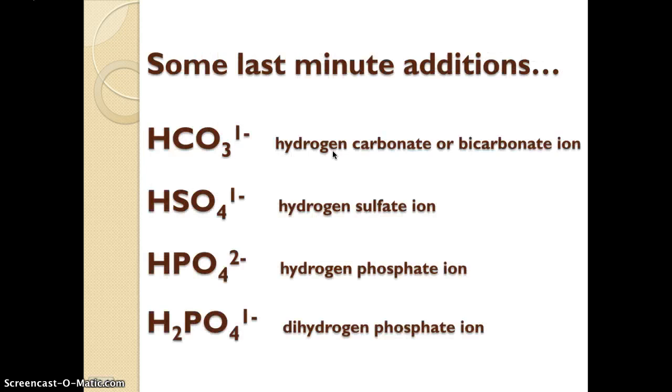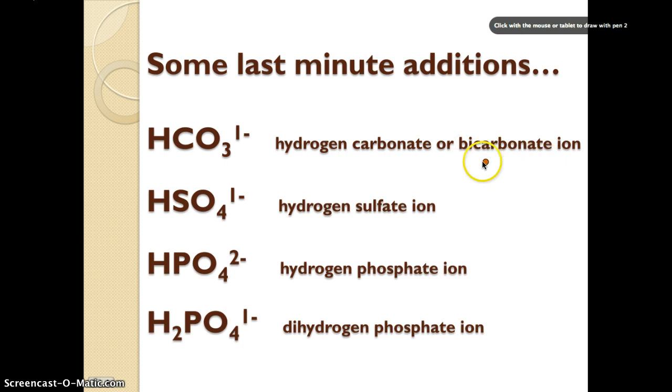So there are a couple last minute additions. These will not be on your quiz. What I'd like to point out to you, you've probably added these already, and if you haven't added all of them, you probably want to. If you look at the first one, this is the hydrogen carbonate ion, and you had this in your ion lab.